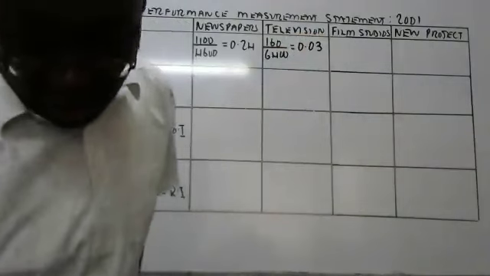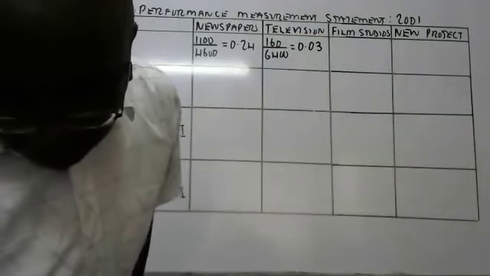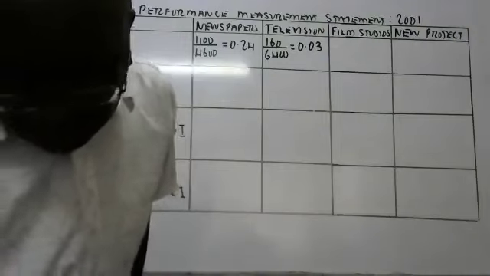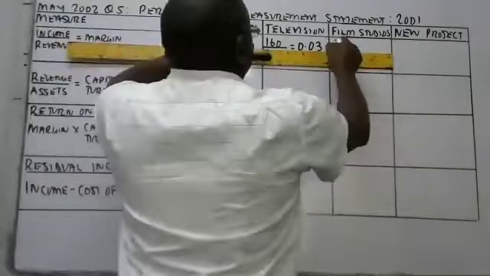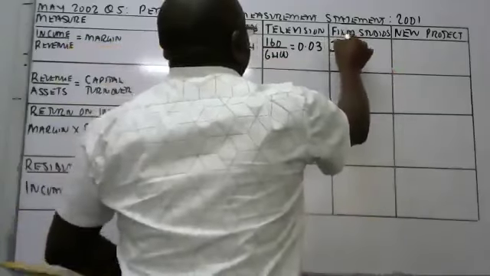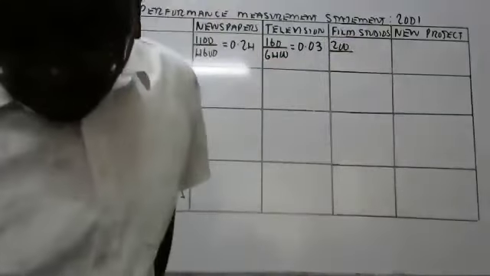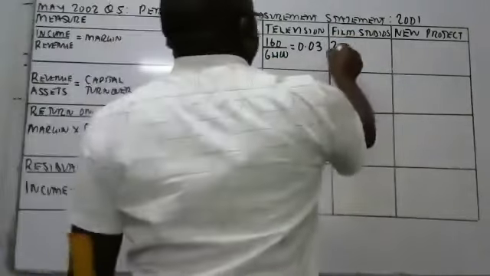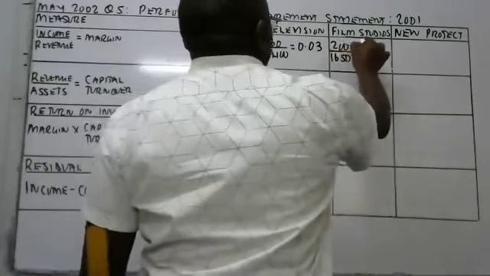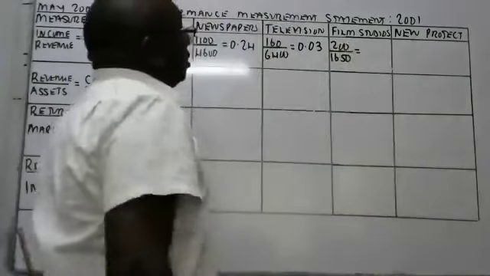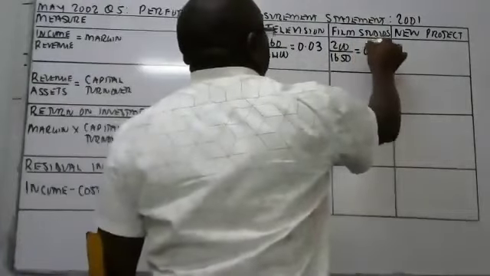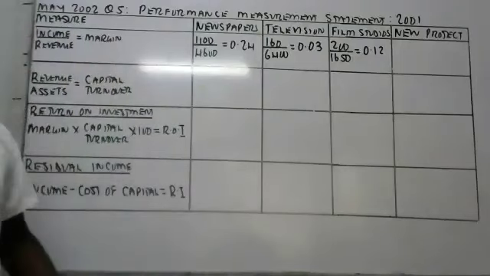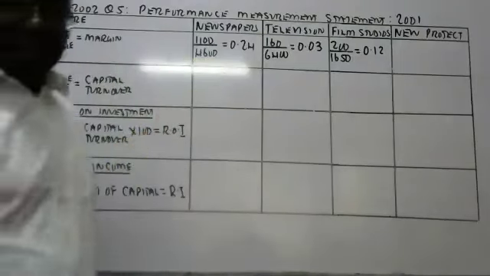And then we go to film studios. The income is 200. You divide by the revenue of 1,600. That is 0.12. Now for the new project, once we get there, we shall come back where necessary because it may not have everything.